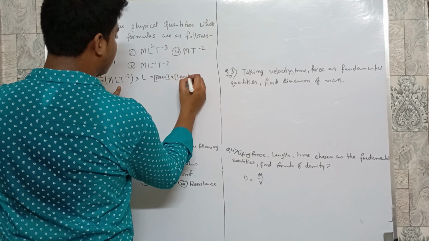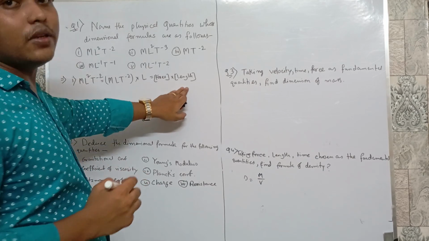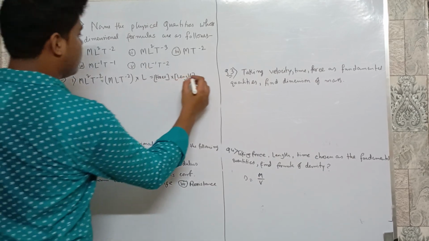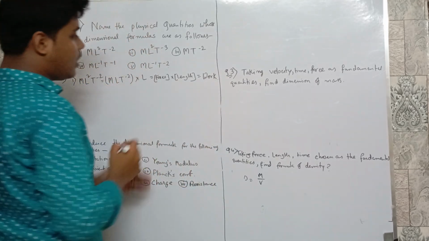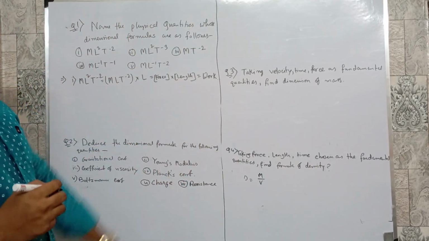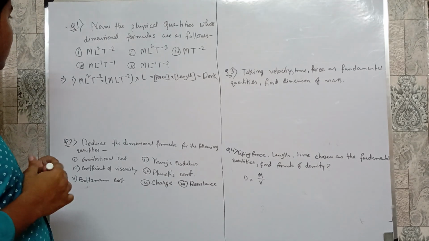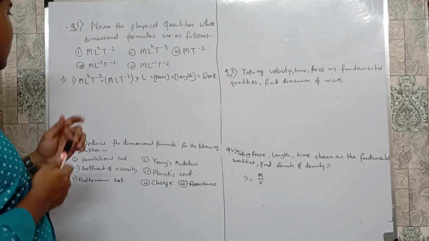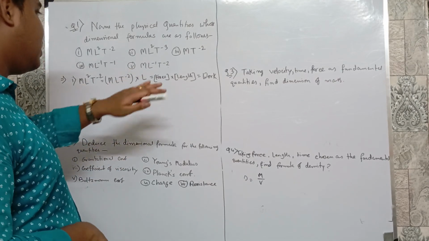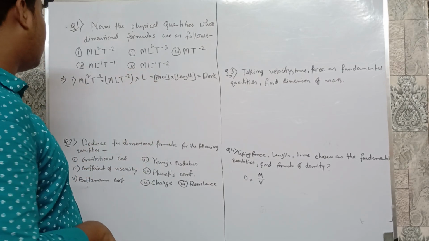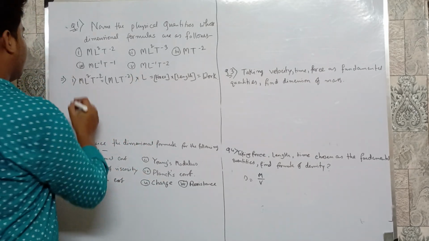So force into length, that means force into displacement, which is work done. So the dimension is of work. The dimension of work is the same as energy, and another is torque. So three quantities have the same dimension, so you can write any of them, because these three have the same dimension.